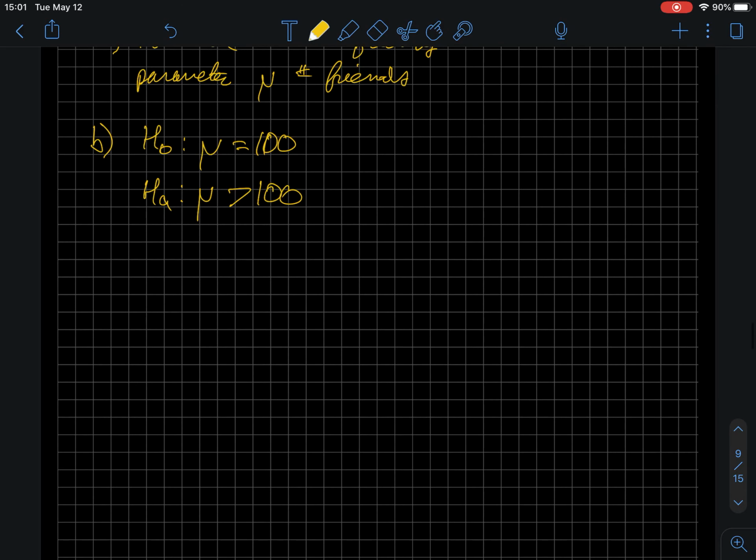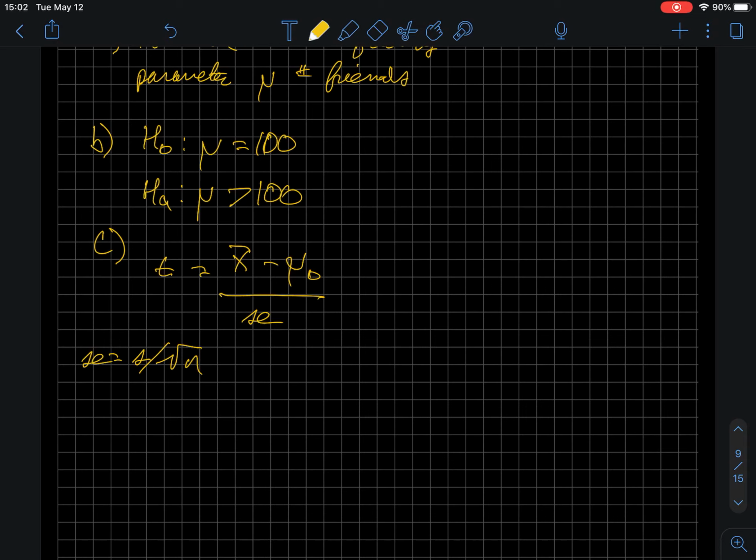Part C is asking us to find and interpret the test statistic value. Keep in mind that the t-score is equal to x bar minus the hypothesized mean divided by the standard error. And the standard error, of course, is s divided by the square root of n.